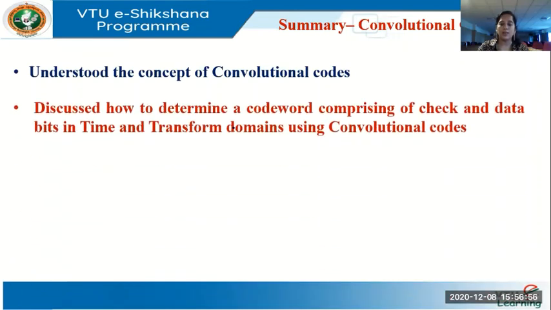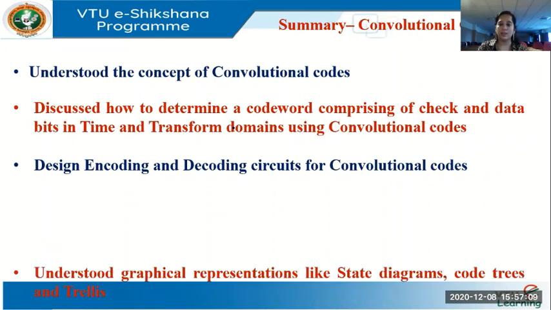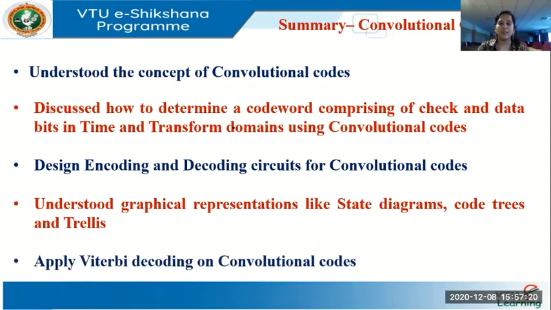And as a whole, in this module, we have understood what convolutional codes are, how to determine the code word using the time domain approach and transform domain approach, how to design encoding and decoding circuits for convolutional code, and the concept of graphical representations like state diagrams, code trees, and trellis. And finally, how to apply the Viterbi algorithm for decoding convolutional codes. With this, we are completing this module.